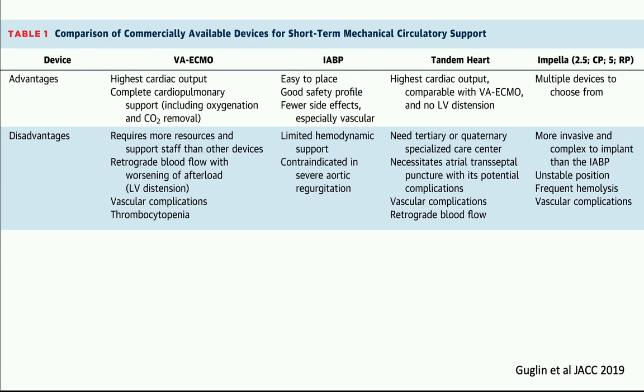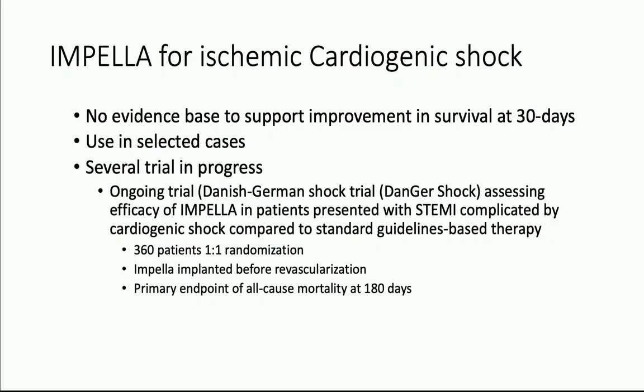It's very technical to get the tandem heart in. You need a lot of people with a lot of skill set to put this in, as well as VA ECMO. An impeller, one can put one in the cath lab to protect high-risk coronary stenting. So it's becoming more and more easy to implant these devices in the cath lab, as well as the intensive care unit.